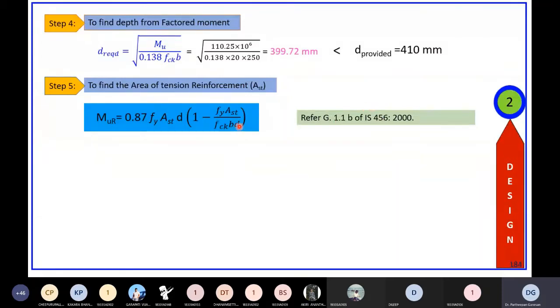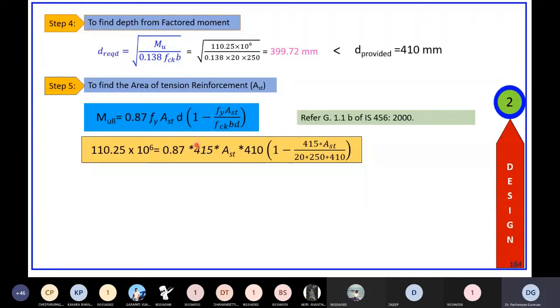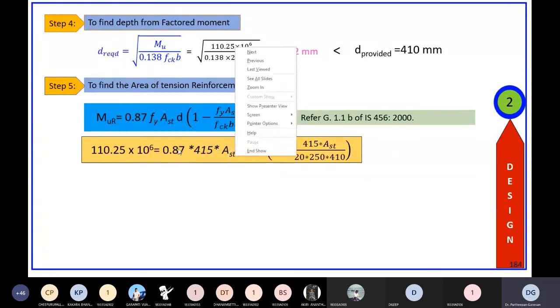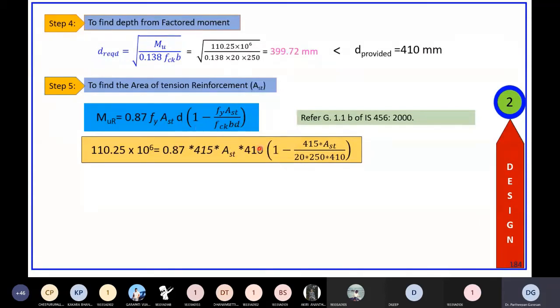I have repeated this formula several times. So MU is 110.25 × 10^6 equals 0.87 FY AST, AST is not known, you are going to find out AST, D is 410, 1 minus FY AST by BD FCK, all these things.